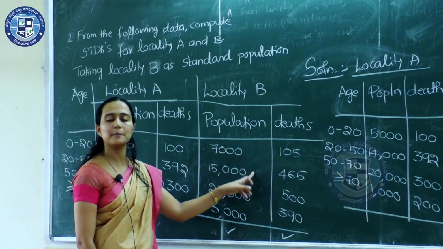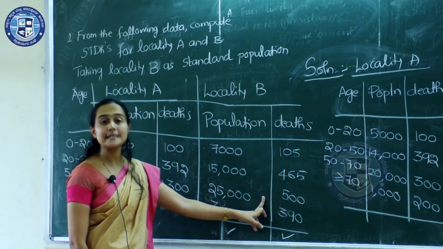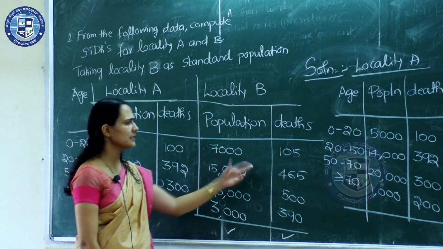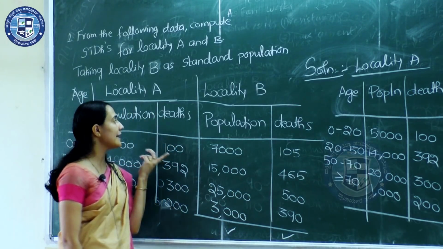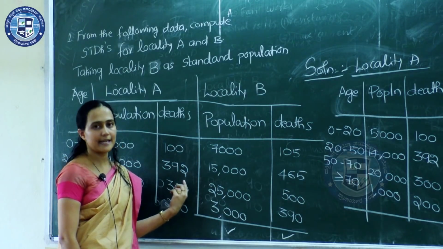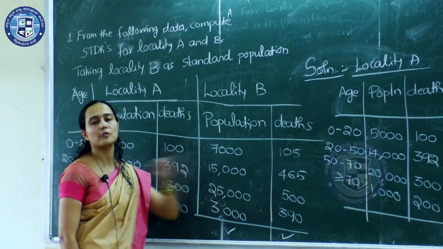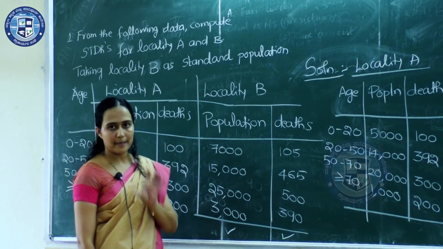Suppose locality B is taken as a standard population, means locality B's STDR is same as CDR. The other we have to compute. Suppose locality A is the standard population, then for locality B we have to compute age specific death rate. It is denoted by capital B.